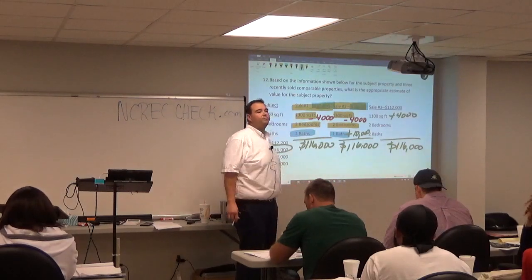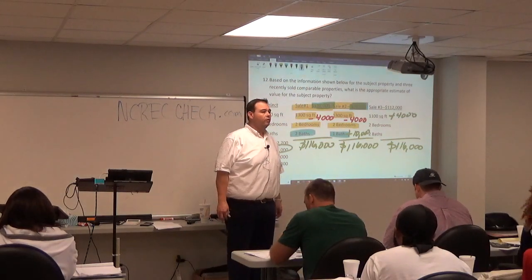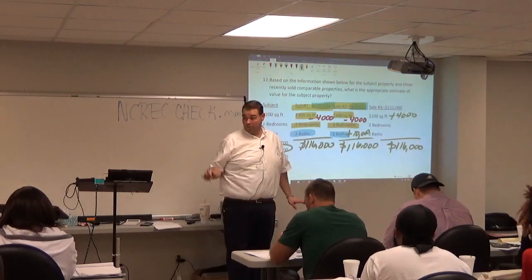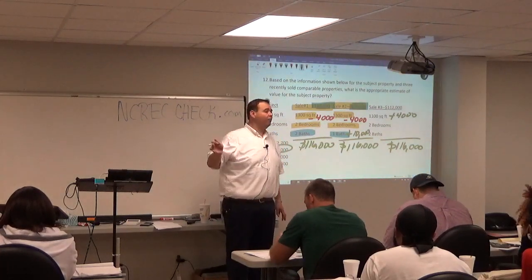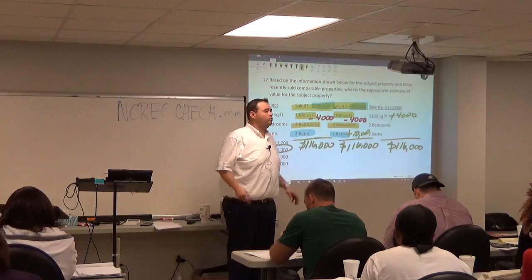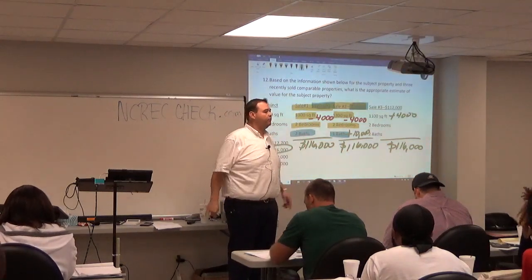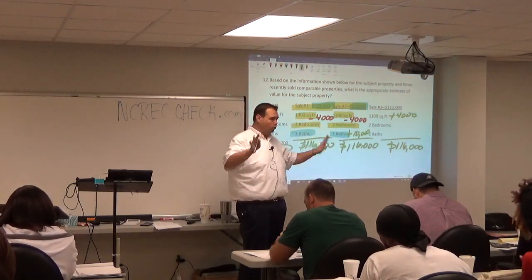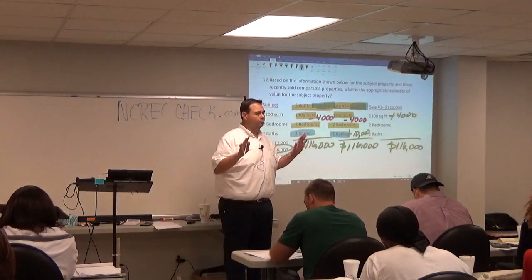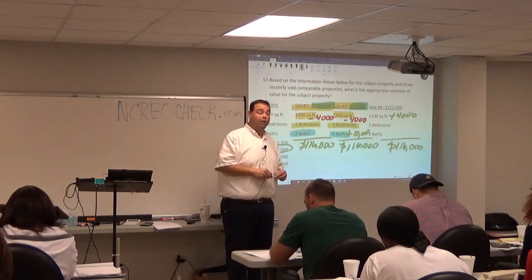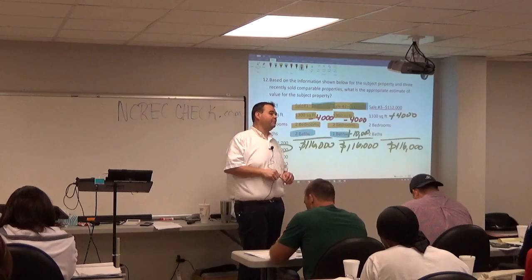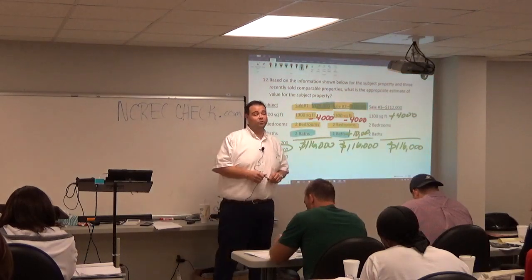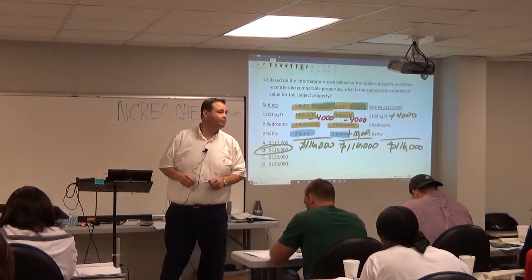You can't build a house like it's made out of Legos. It doesn't work that way. Okay, is everybody with me on that? Don't ever do that. Don't go, oh, it's $100 a square foot times 1,600 square feet plus the bathroom. No. Somebody will do it. Don't do it. They'll give it to you as an answer choice as well. All right?